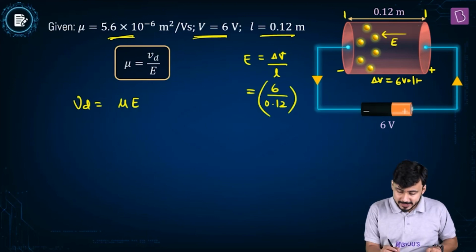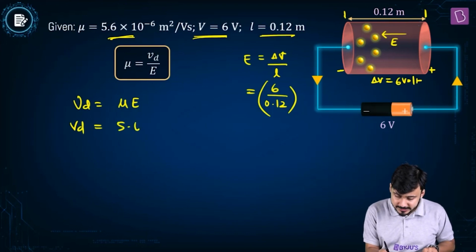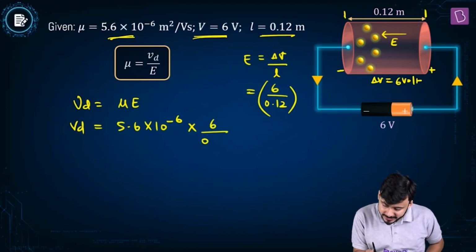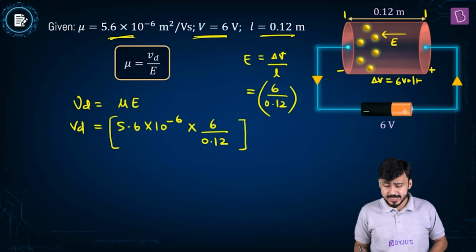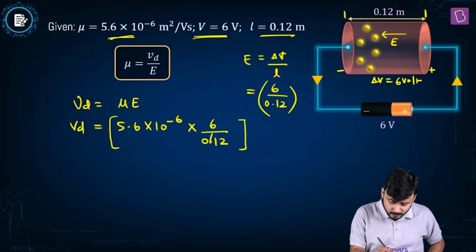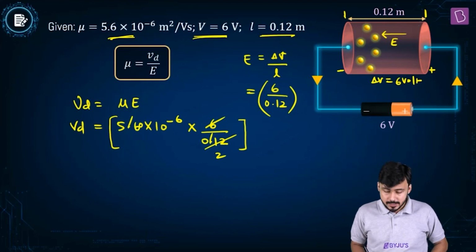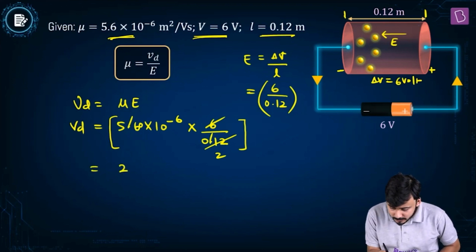If I put in the values, Vd is equal to mu times E. Mu is 5.6 into 10 raised to power minus 6 multiplied by the electric field, that is 6 upon 0.12. If you just solve this, remove the decimal, 6 1 is 6, 6 2 is 12, so this comes out to be 2.8 into 10 raised to power minus 4, that's Vd in meters per second.